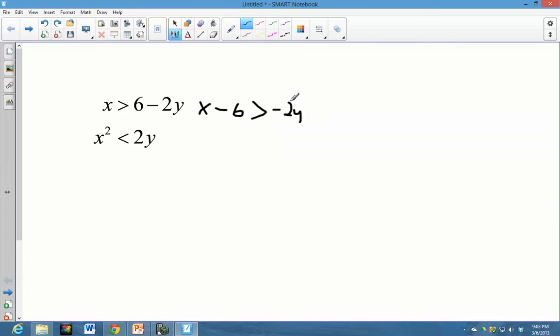The reason I'm doing this over here is so you can see what happened. When you divide by a negative or multiply by a negative in your solution, you have to switch the inequality sign around. So the next step would look like this. We would have x minus 6 divided by negative 2, and then we have to switch that inequality around.